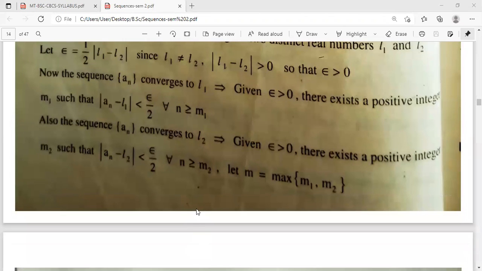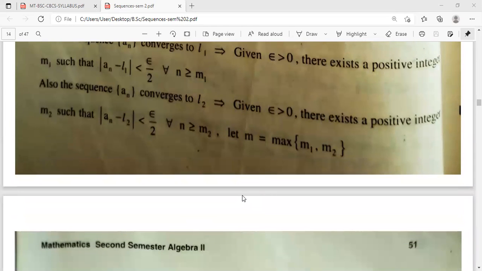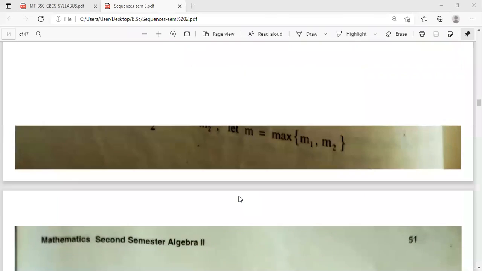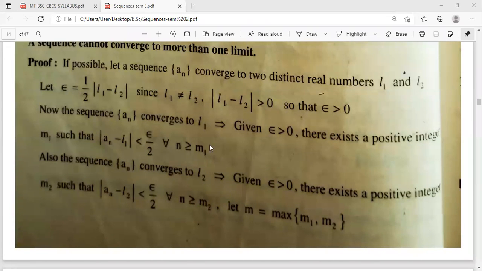Now you take m equal to the maximum of m1 comma m2, whichever is the maximum out of m1 and m2, you have to take it as m. After taking that, you write collectively by combining the first and second. This is one and this is another.